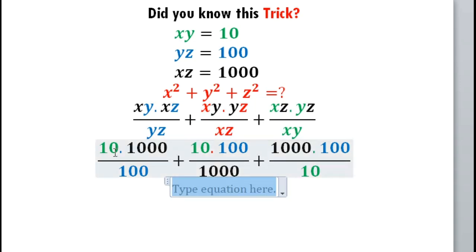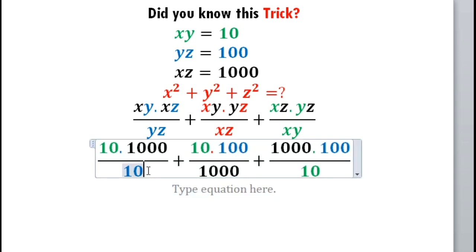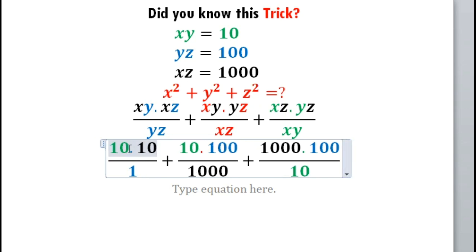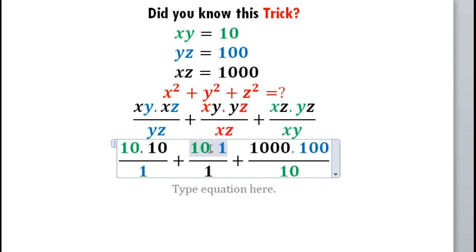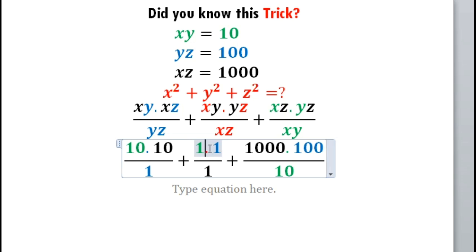So if you start working out this, 10 times 1000 divided by 100, you will get the two zeros here. The two zeros here will go with the 2 zeros in the numerator, so it will remain with the 10 times 10 there. Then here the 3 zeros will cancel out with 3 zeros in the numerator, so we remain with 1 times 1.